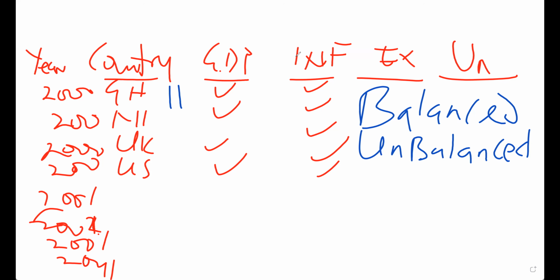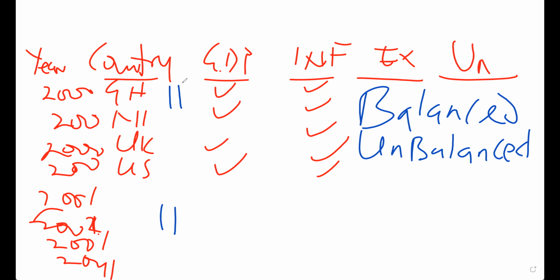So the difference between balanced and unbalanced is that if you have 11 countries in the year 2000, these same countries must appear in the year 2001.